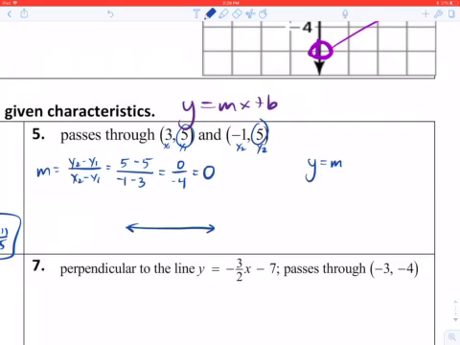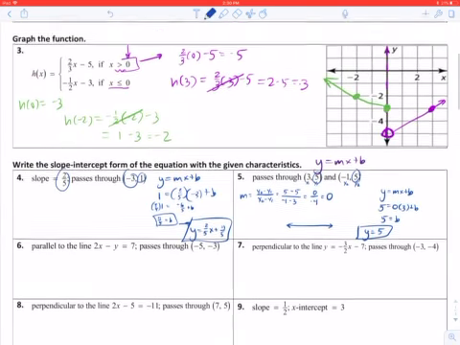Even if I plugged in these 2 points into y equals mx plus b, let's say I picked 3 comma 5, this would be 5 equals 0 times 3 plus b, and then b would be equal to 5. So actually my equation will be y equals 5.